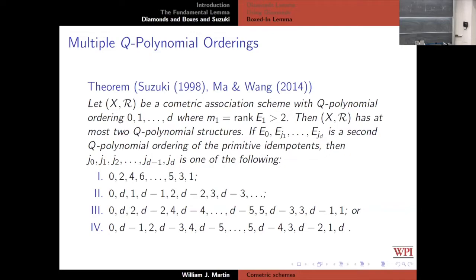Or it starts at D, goes down to 2, and so on. Or it goes up to D minus 1 and down to 2. In fact, once you know the first thing there, the others are kind of forced. Let's go back to the diagram and see why those other things all sort of come for free.